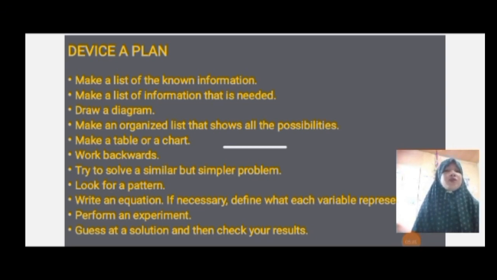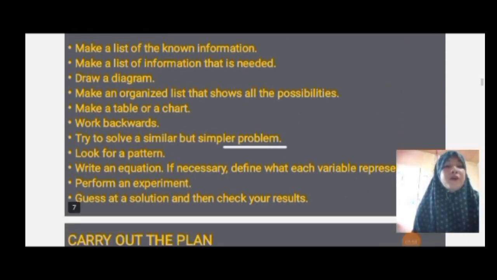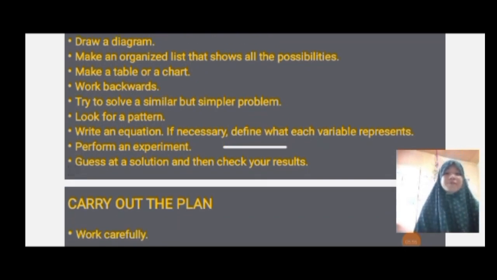Try to solve a similar but simpler problem. Look for a pattern. Write an equation. If necessary, define what each variable represents. Perform an experiment, guess at a solution, and then check your result.